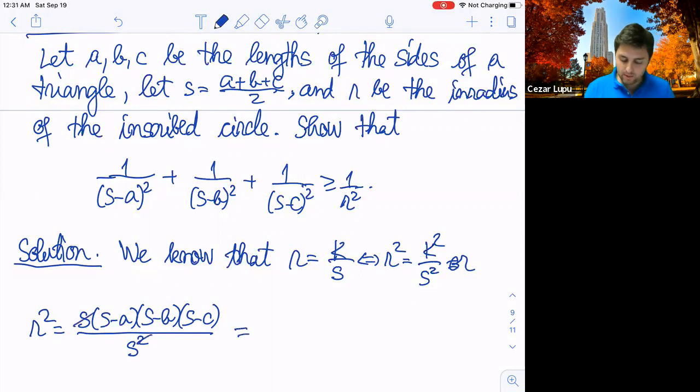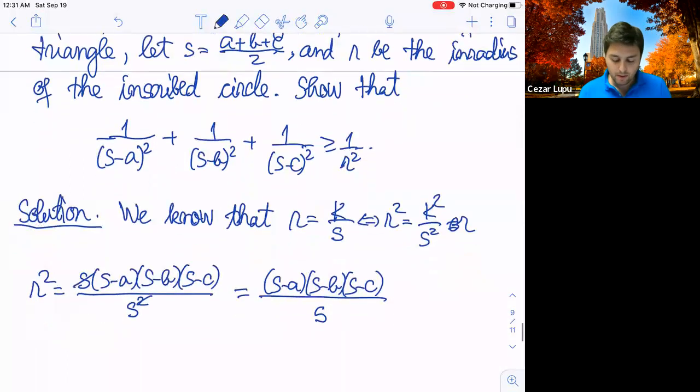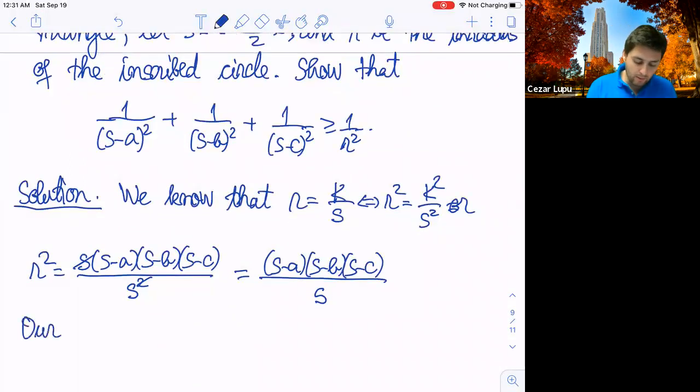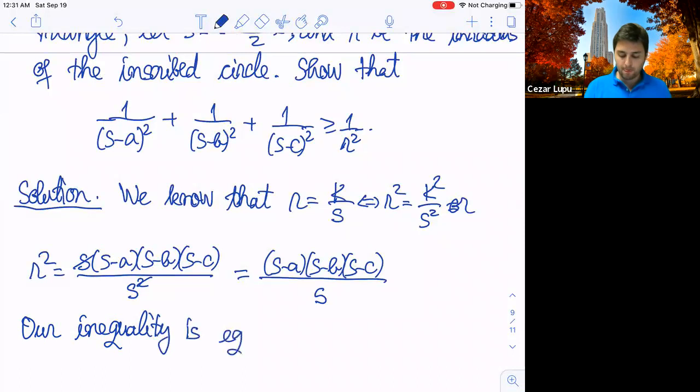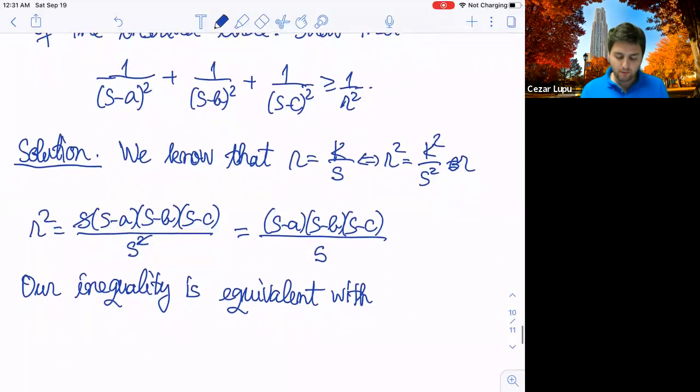S will go away, so this is (S minus A)(S minus B)(S minus C) over S. Great, so our inequality is equivalent to the following.